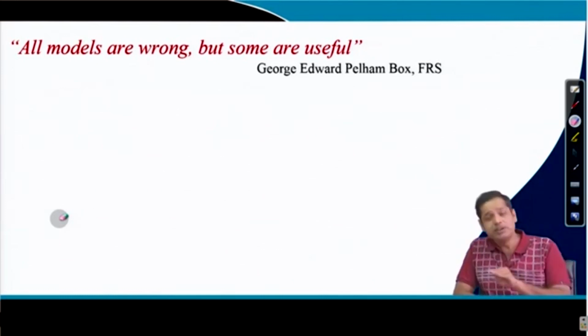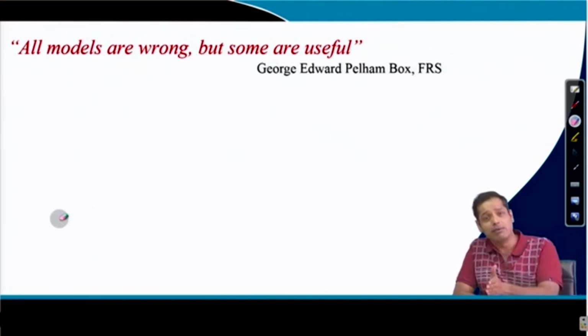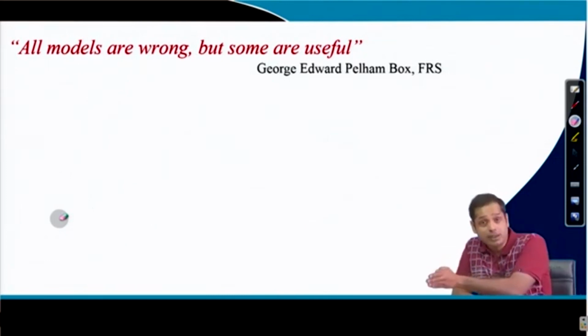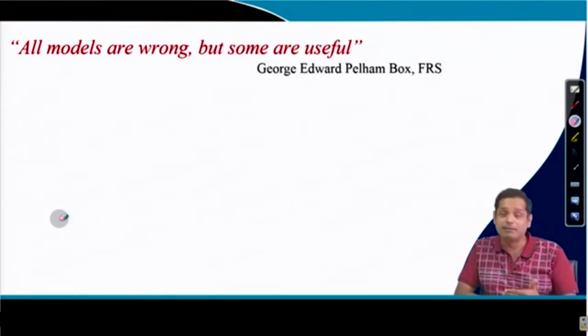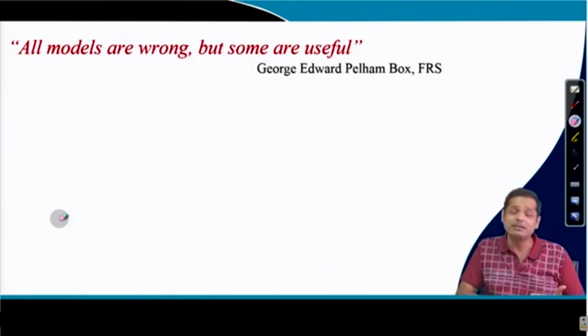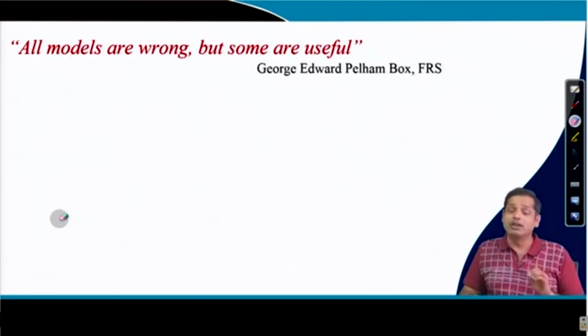So throughout this process, physical system to idealized system to mathematical model, and then mathematical model to solution, at every step we make some assumptions. We make some assumptions so that our model becomes relatively simpler. But please note, these assumptions are not ad hoc.